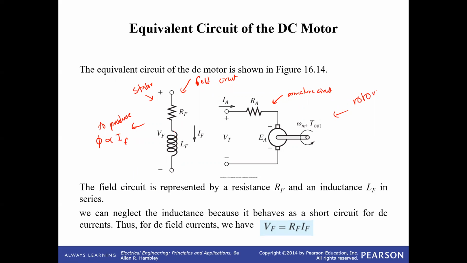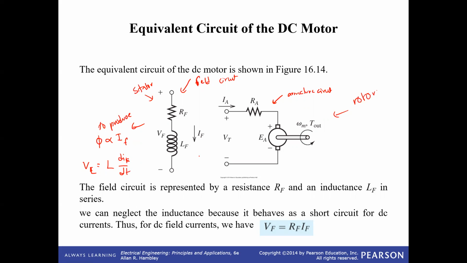And usually, as you can see, for the field circuit, you have RF and also LF, okay? But in a steady state condition, we know that the voltage across the inductor is L dIF over dt.